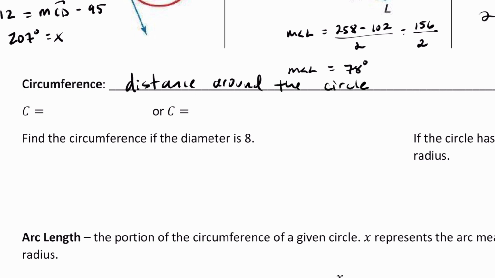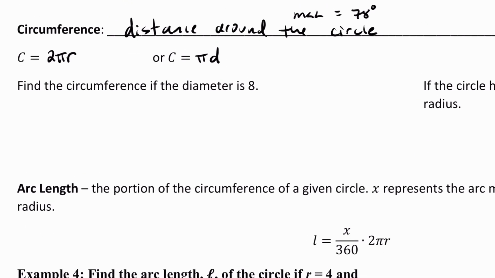Okay, and the two formulas that you need to know for circumference are C equals 2 pi r, sorry, and we have C equals pi d. Now C represents the circumference, r represents the radius, and d stands for diameter.